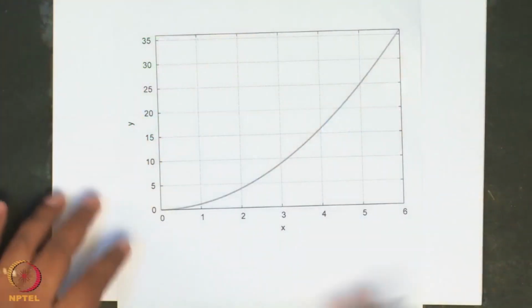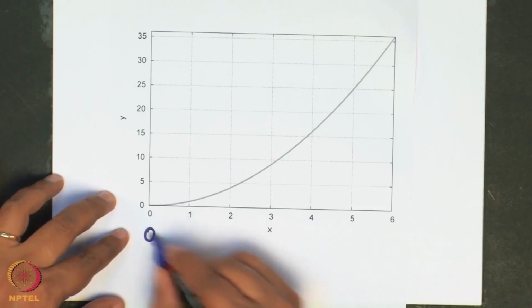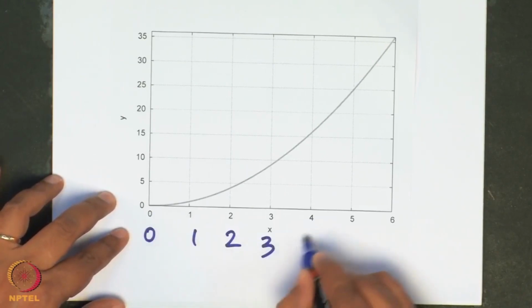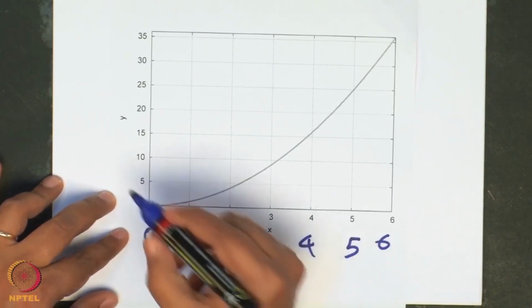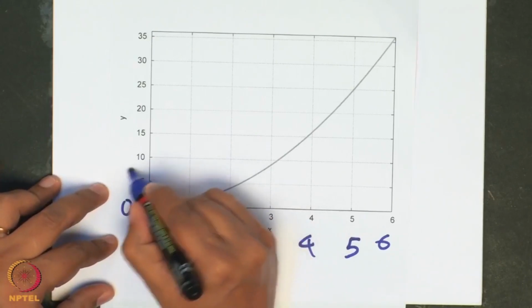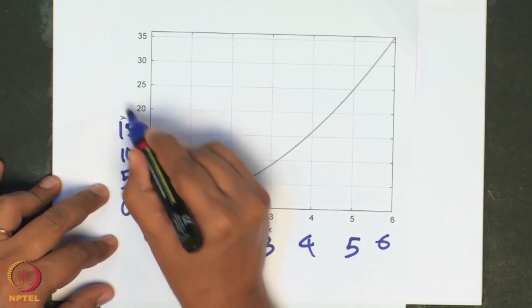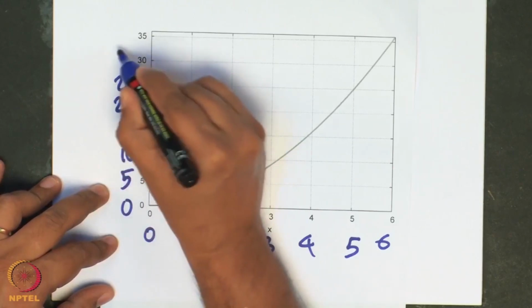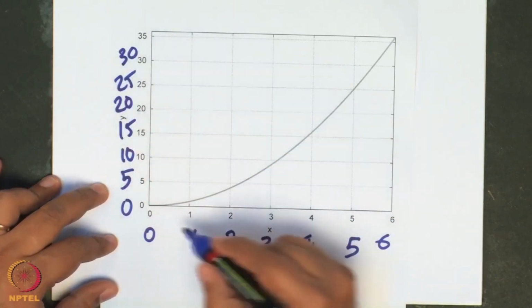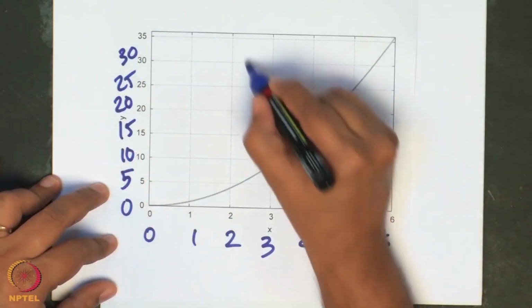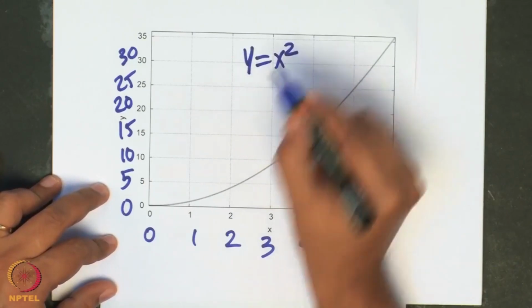So this is something that I wanted to specify very carefully here. If you look at this curve once more, you have here 0, 1, 2, 3, 4, 5, 6, and you have 0, 5, 10, 15, 20, 25, 30, and you have this curve which is y is equal to x square.